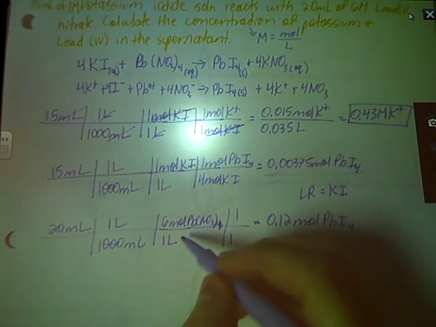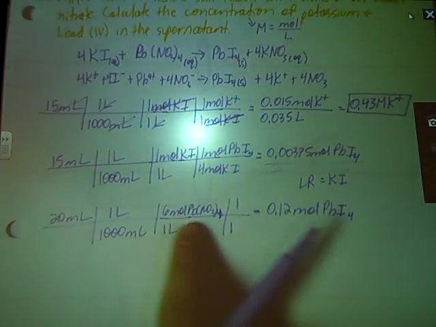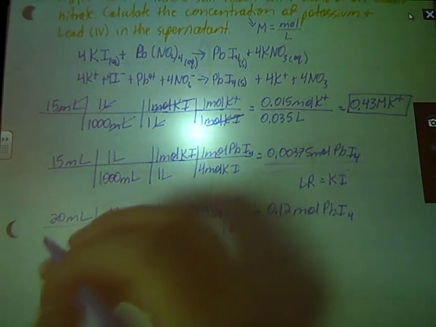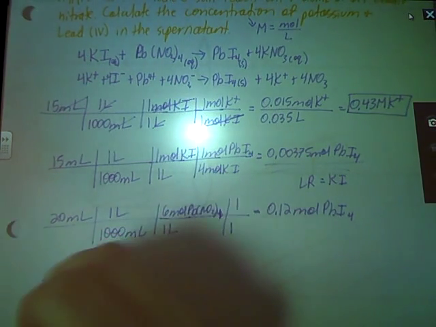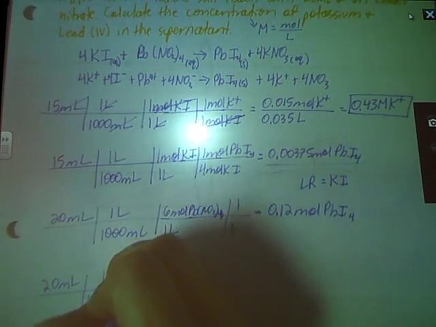So let's see just how many moles of lead I started with. So I'm going to take this conversion right here. Okay, actually that's a 1 to 1. I'll calculate it out for you anyway on a separate set of boxes.